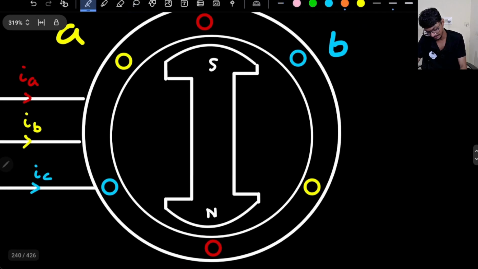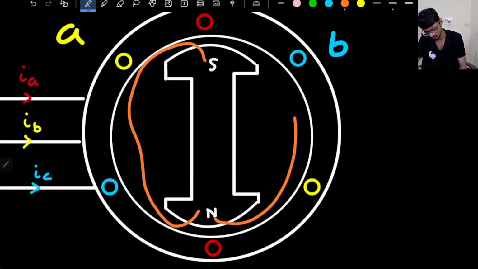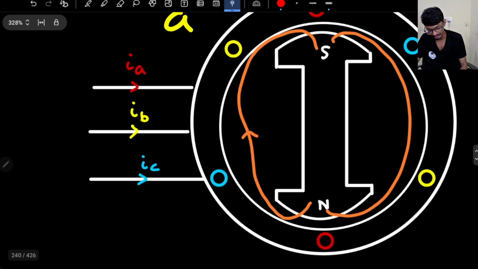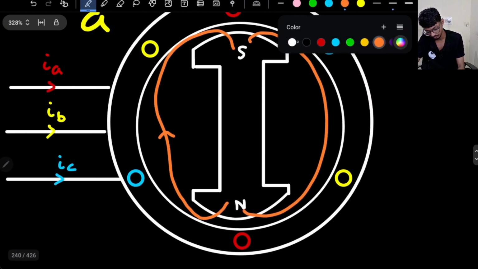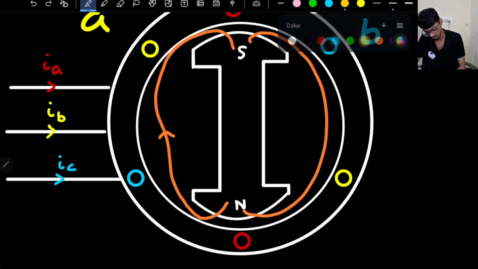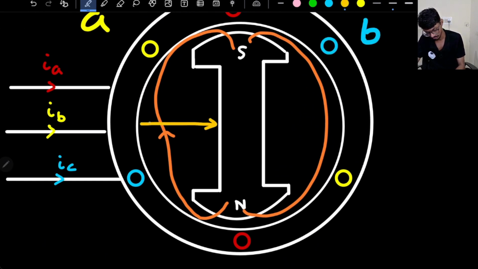Flux starts from the north pole to the south pole and links with the stator conductors as well. I see that here the air gap is very huge.